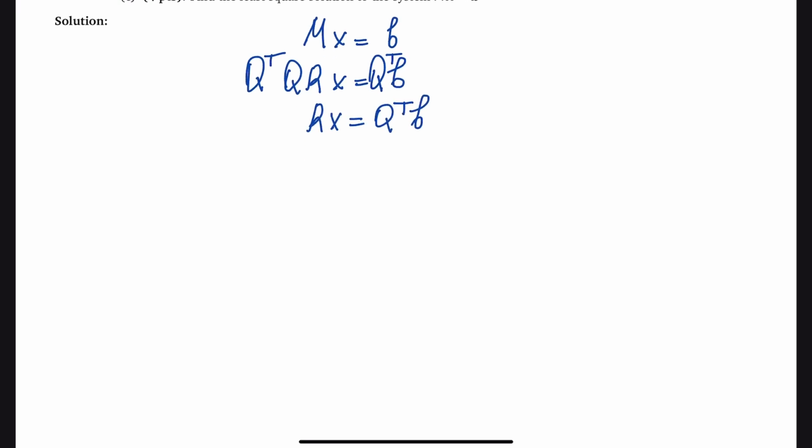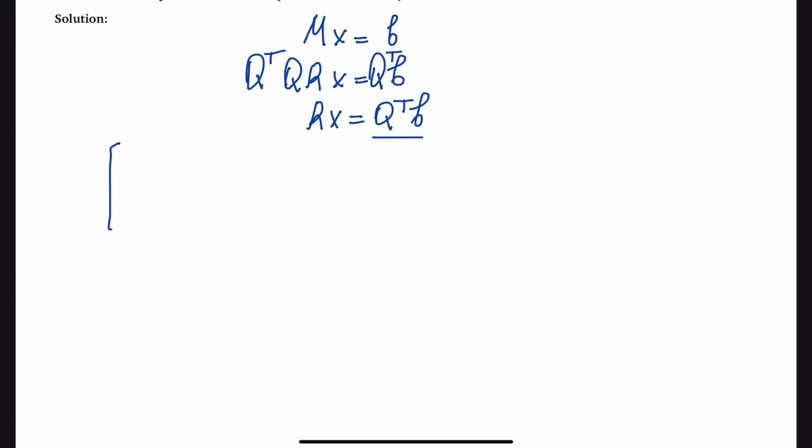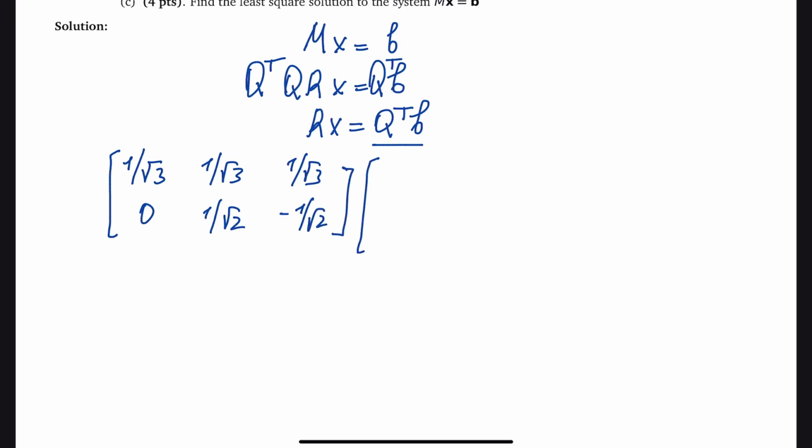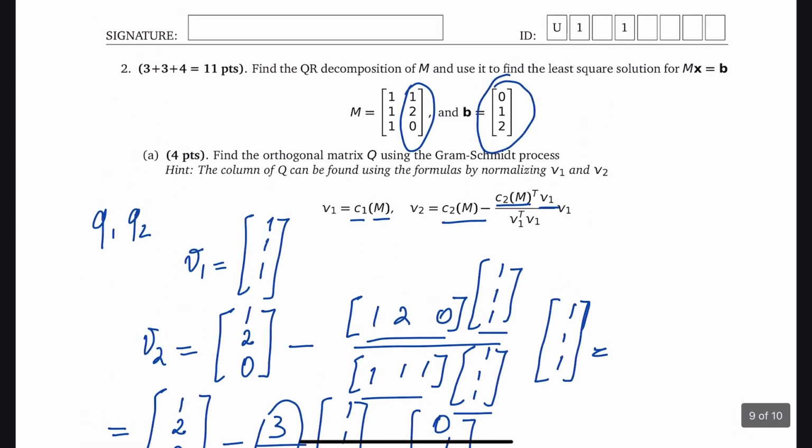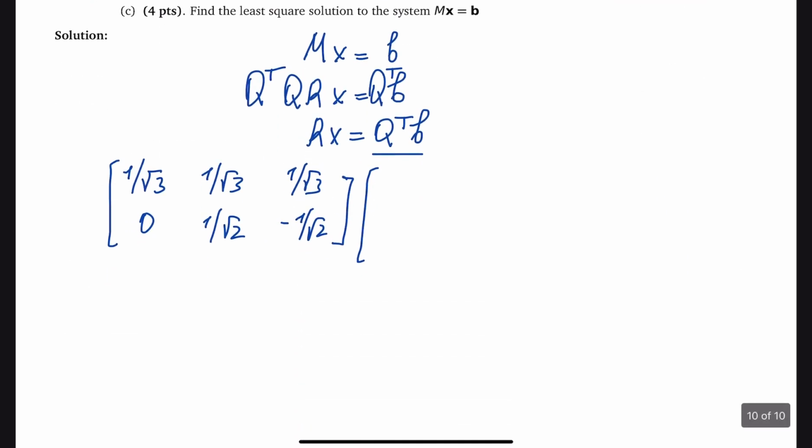So let me first of all multiply the Q transpose to the b. So the Q transpose is 1 divided by the square root of 3, 3, 3, 0, 1 divided by the square root of 2, minus 1 divided by the square root of 2, times the b vector. So let's go and see what was the b vector. b vector is 1, 0, 1, 2.